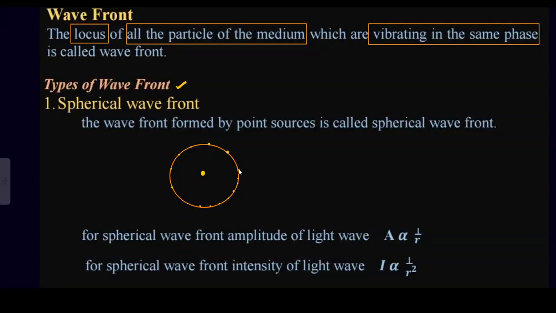If I join all these points with a line, a three-dimensional figure will be formed. That is called a spherical wavefront. The wavefront formed by a point source is the spherical wavefront.